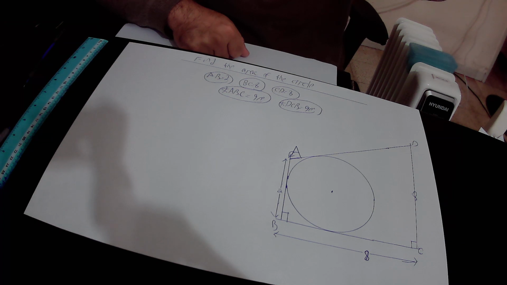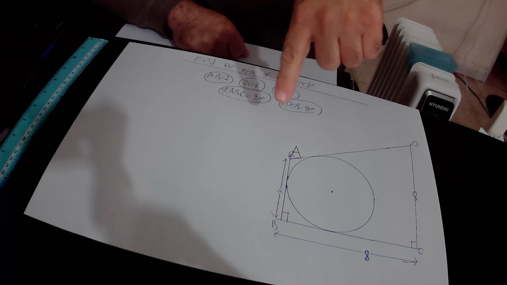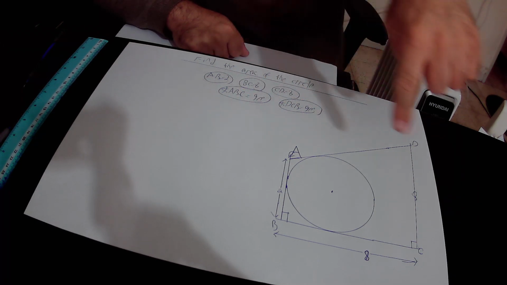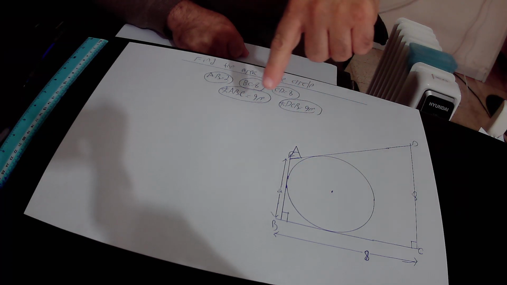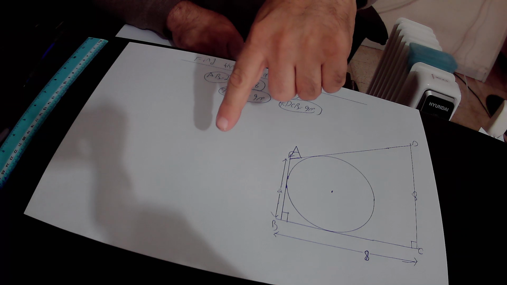In order to find out the area of the circle, we will do a construction. We will extend side DA and side CB of the quadrilateral by a straight line until they touch each other.